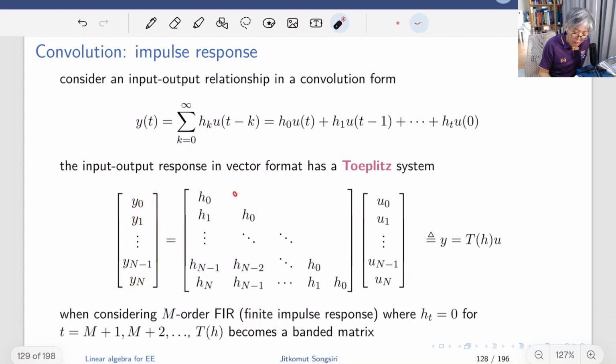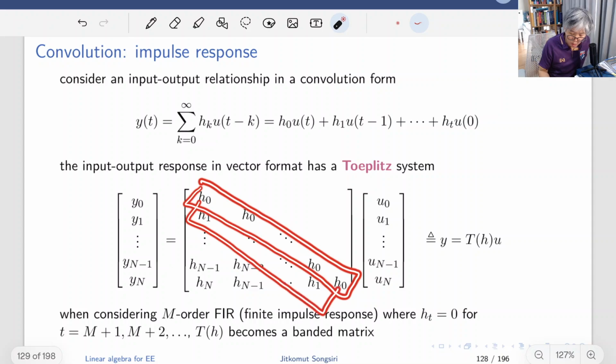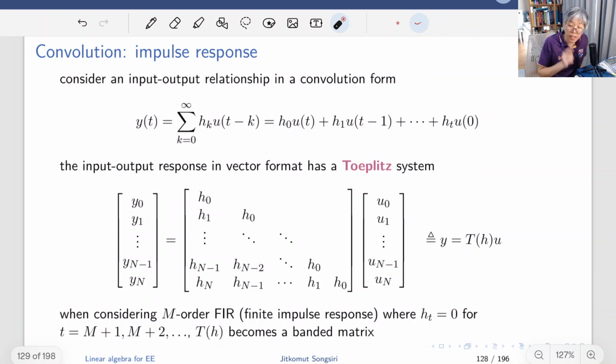And if you check the equation, you're going to see that it has the Toeplitz structure. You're going to have h1 along here and so on.